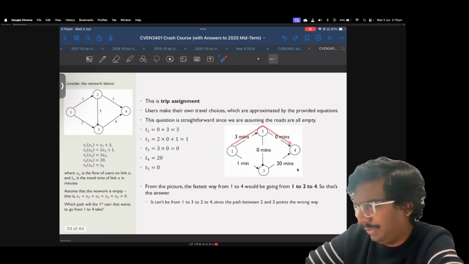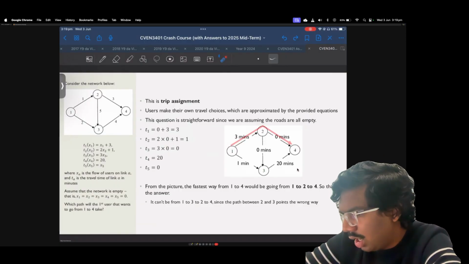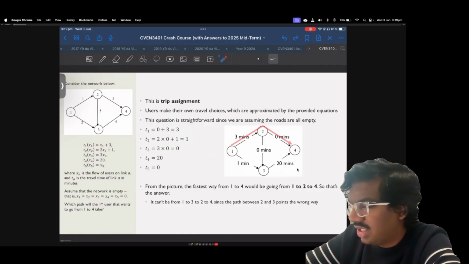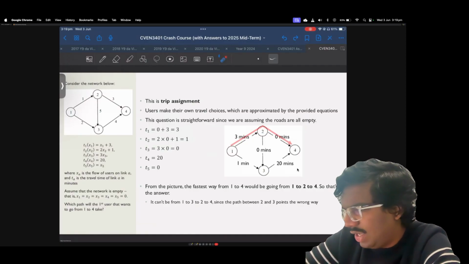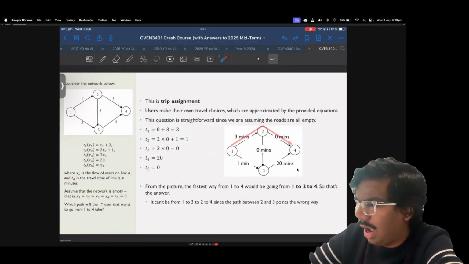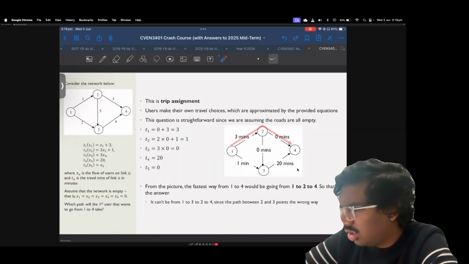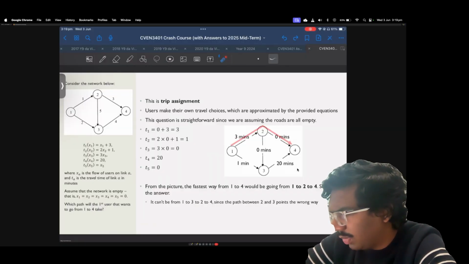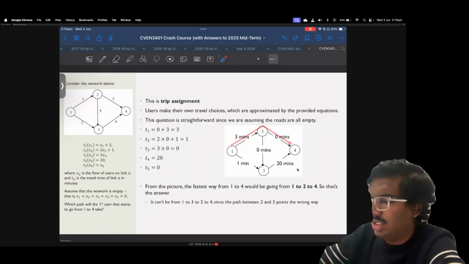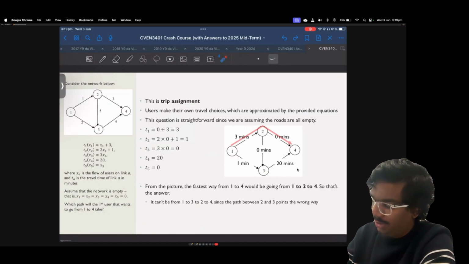But anyway, basically we're trying to figure out the fastest way to get from 1 to 4. Now, we're assuming all the roads are empty for the first user. Actually, I think we meant to take x to be 1, not x is 0. I need to correct that.